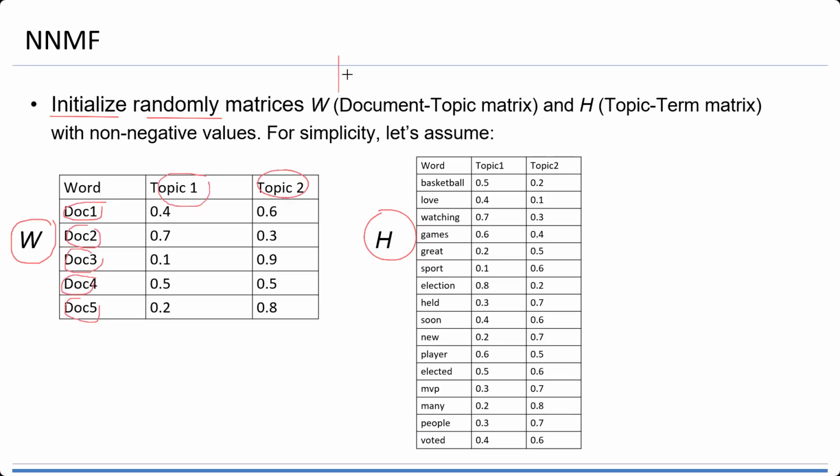So let's assume that K equals 2. And then we have the H, it is the term, and then this is the topic. Okay. So those numbers, yeah, are randomly initialized.